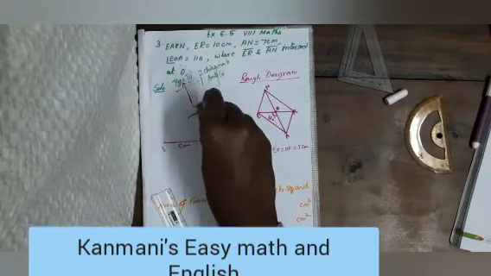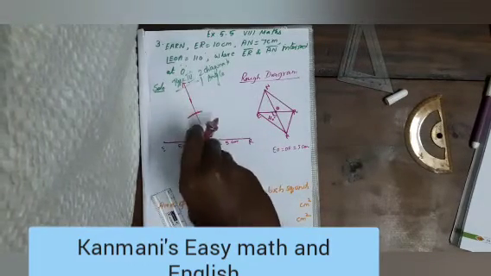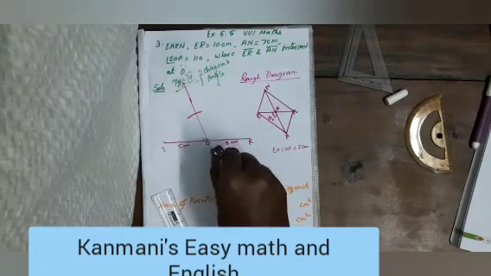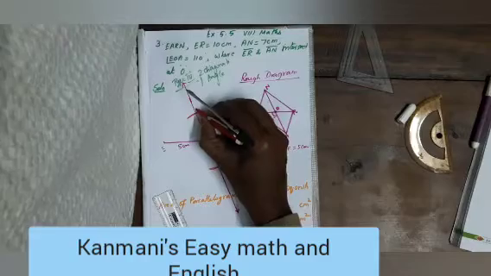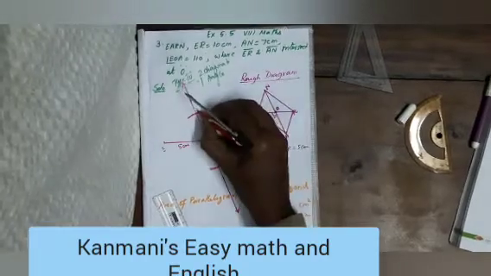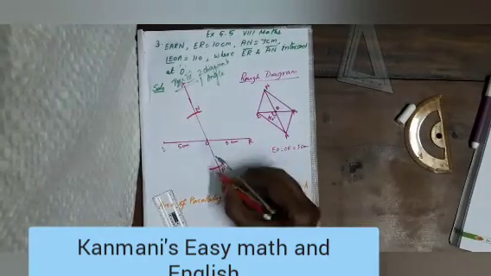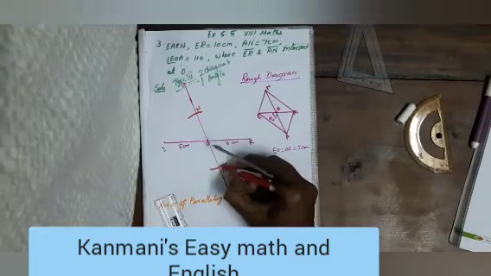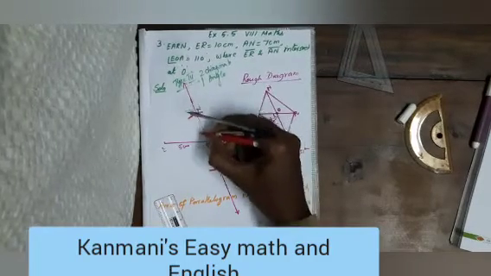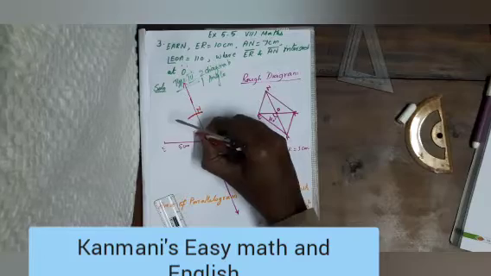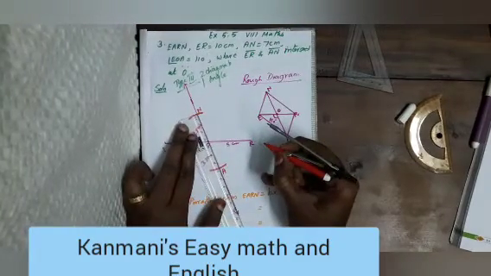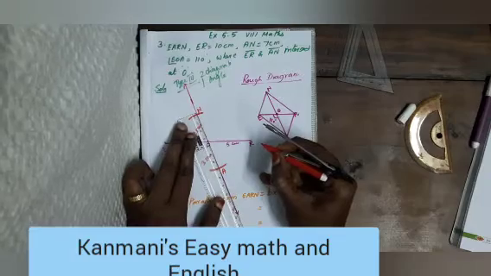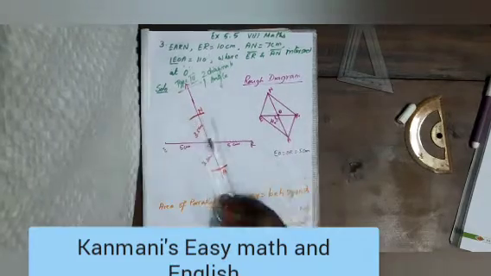Let us draw an arc above O and below O to cut the diagonal at N and A. So our OA and ON will be equal to 3.5. If you measure this and see, it will be equal to exactly 7. You see here, AN is 7.